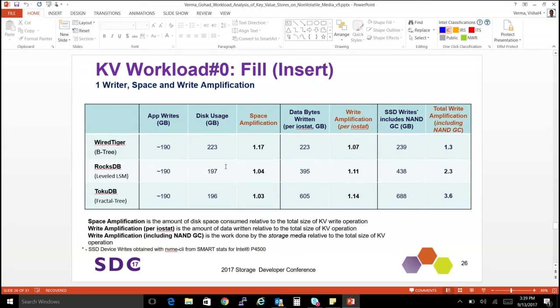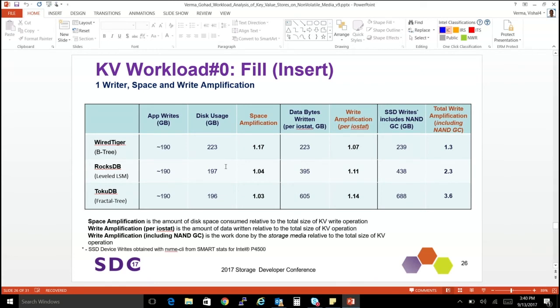There is write amplification per iostat, where we are actually looking at the device level. Okay, how many write operations happened on the device when my application was filling. So in that case, for WiredTiger and RocksDB, they were 1.07, 1.1, not much difference.